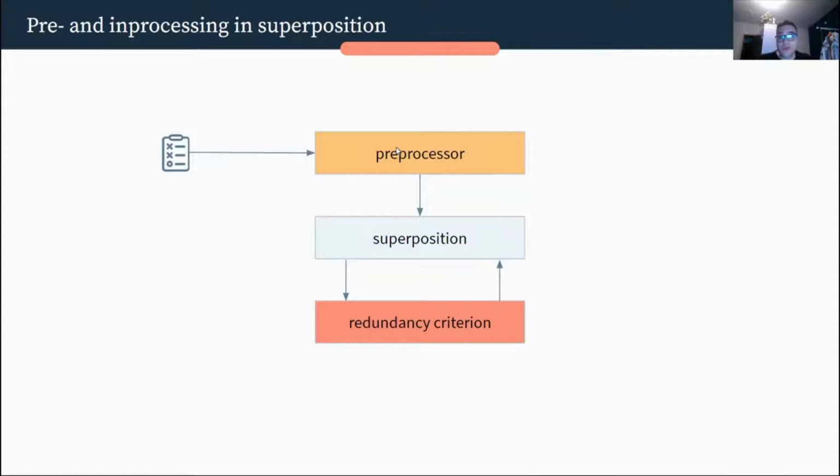However, a preprocessor can, in principle, remove any clause as long as this doesn't affect unsatisfiability. So preprocessor and in-processor use different sets of rules to simplify clauses. Moreover, the set of techniques that are used for preprocessing in first order logic is a little bit smaller than in propositional logic, because not all of them are directly applicable in first order logic.